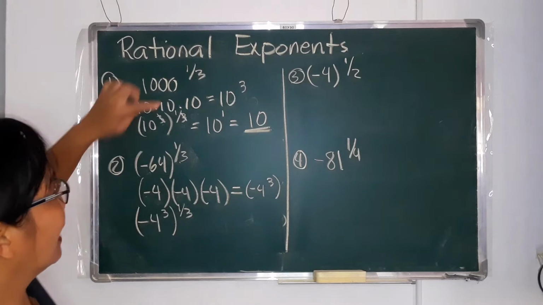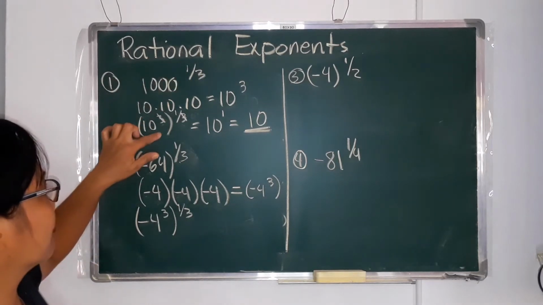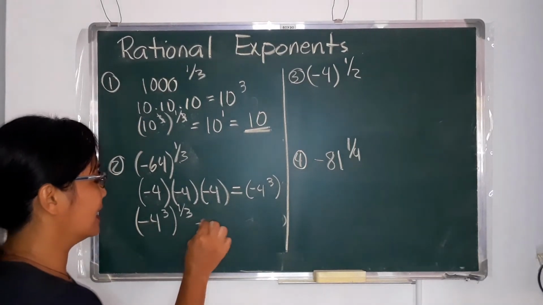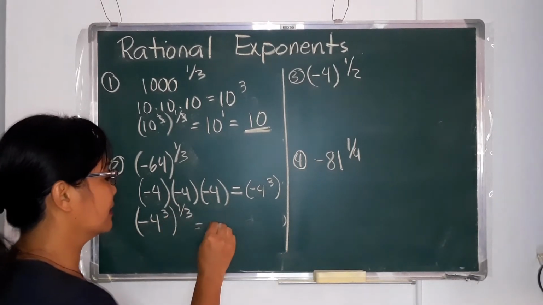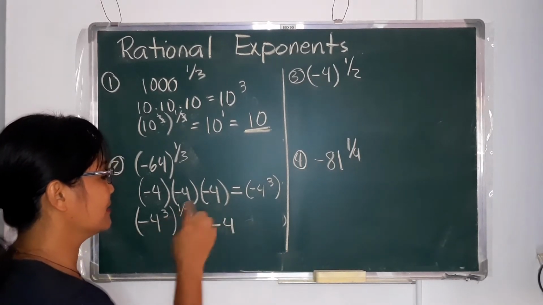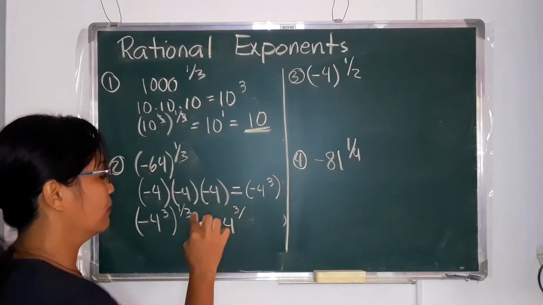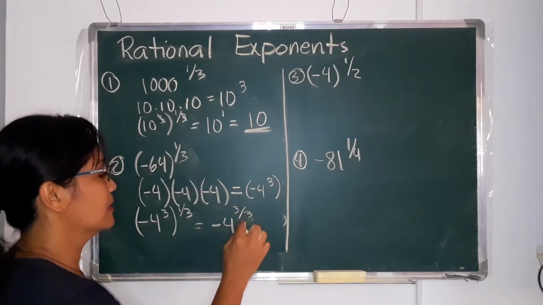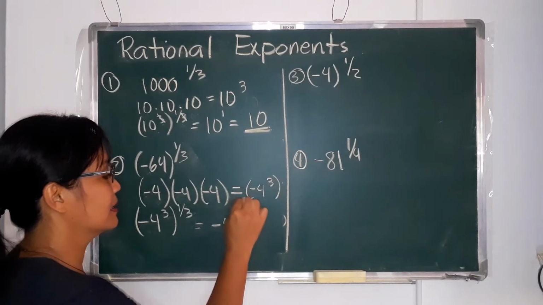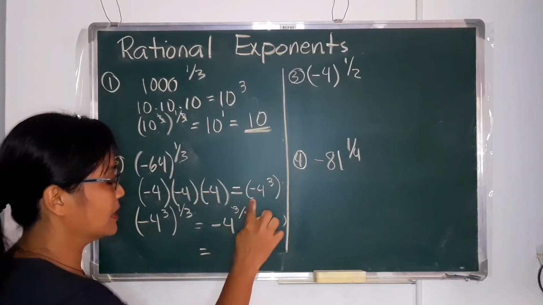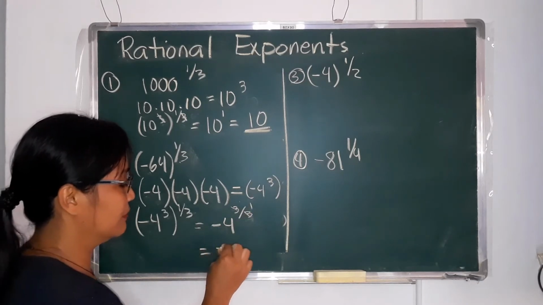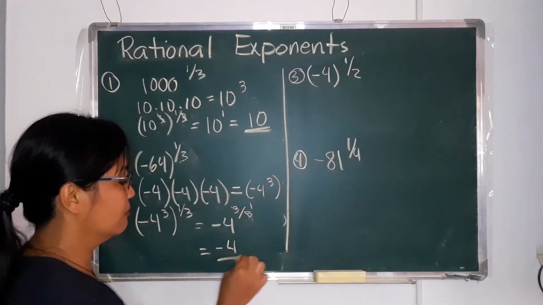Again, let's follow what we did in number 1. So, mag-cancel lang tayo. Or, pwede rin 3 times 1. Copy muna ang base, negative 4. So, 3 times 1 is equal to 3 all over 3. So, 3 divided by 3 is equal to 1 na siya. Therefore, negative 4 to the 1 is still negative 4. Final answer is negative 4.